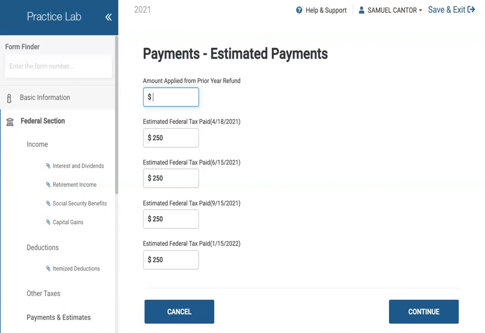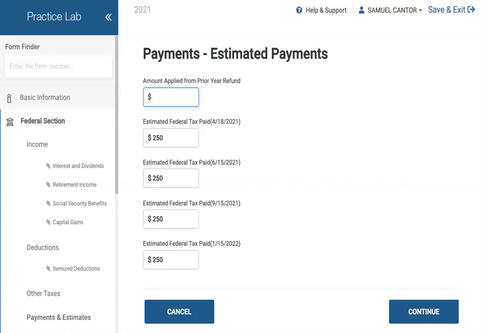Second, while these payments are the same amount, there is no requirement that that be the case. It may be, for example, that the taxpayer skipped a payment, paid a little bit less on one of these and paid a little bit more on the other, and you simply enter the actual dollar amounts paid, including blanks if there was no payment.